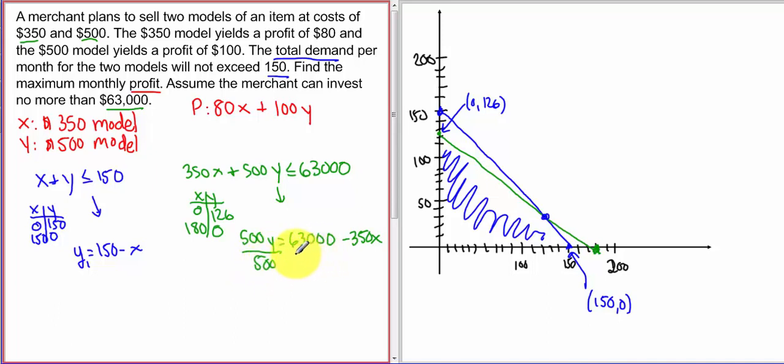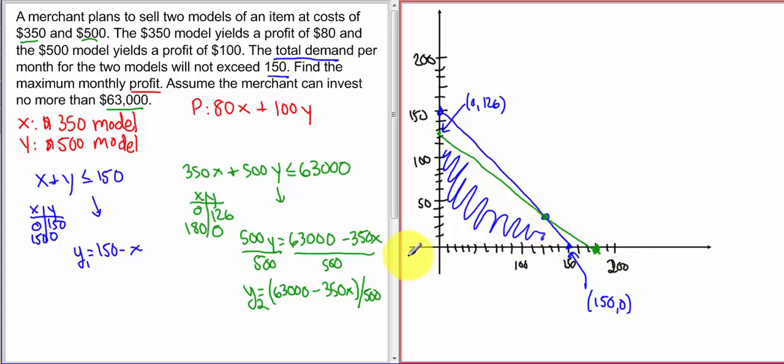I'm not getting the decimal approximations of these. All I'm going to do is plug into my calculator exactly this syntax. Syntax is a fancy way for exactly how I'm typing it in my calculator. Plug that in y2. Use this scale that we came up with to find this intersection point.